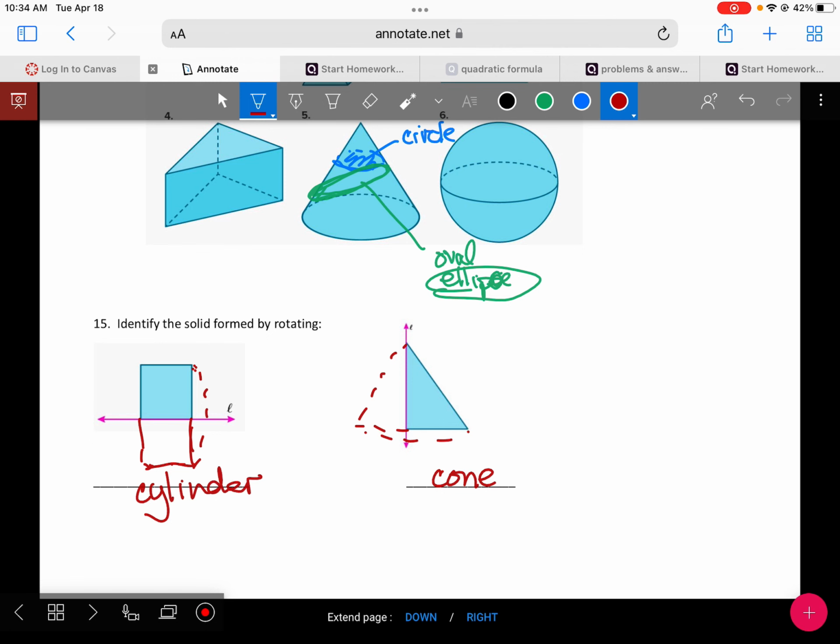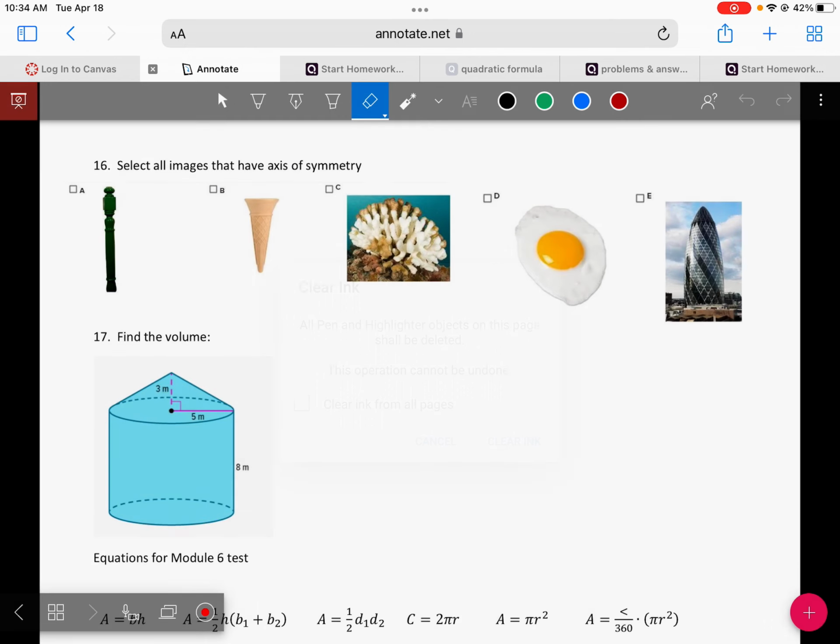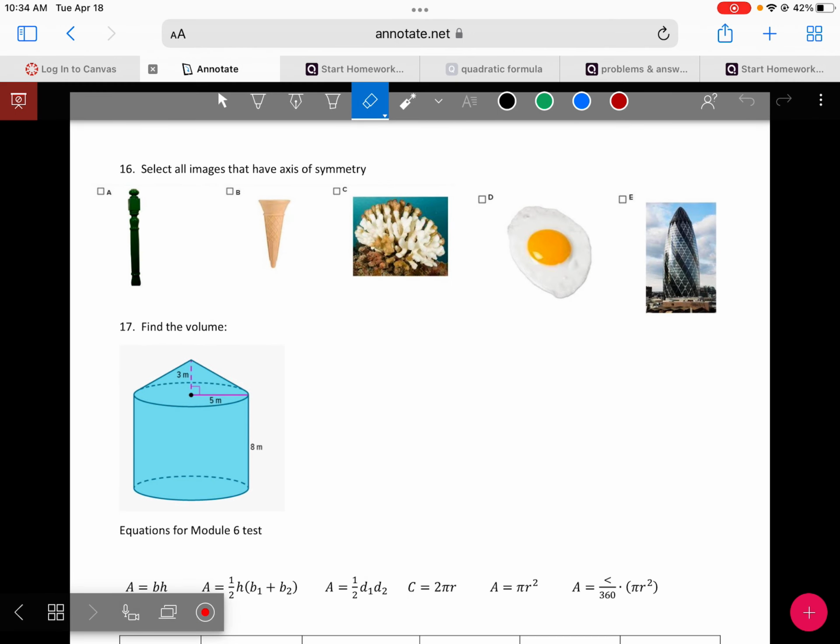Okay. I think I lied. Oh shoot, I already went over these. Axis of symmetry, rotational axis of symmetry. Does A have rotational axis of symmetry, yes or no? Yes. What about B?